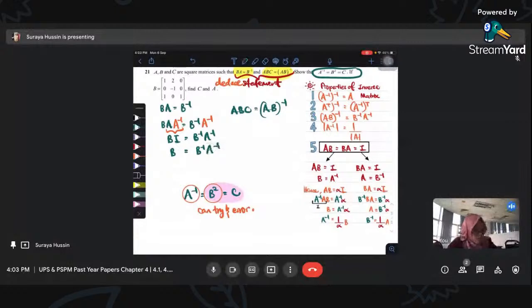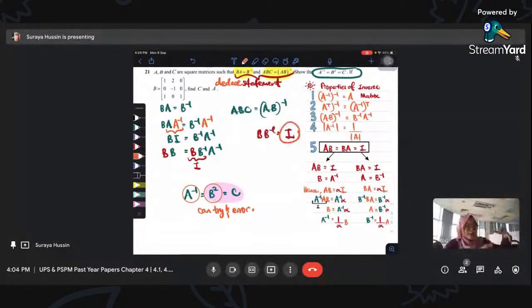But I need some space here because what I want to do right now is put B in front. I'm trying to play with it because I will get the identity. So you must use identity, okay? You must play along with trying to get the identity matrix.